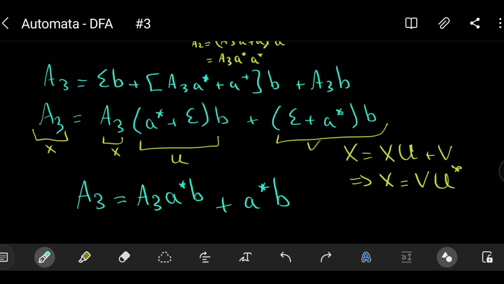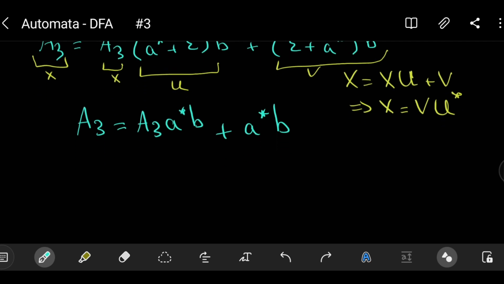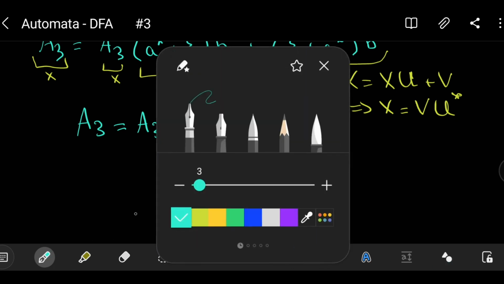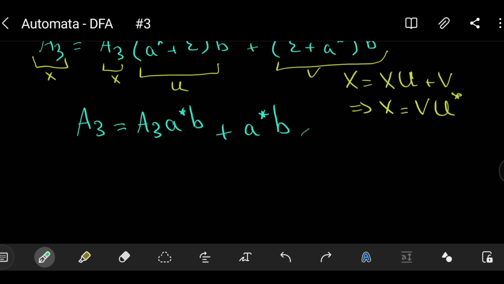Okay, and again we need to make the product, so we need to do this again. So this is the x here, and this is the u, this is the v.